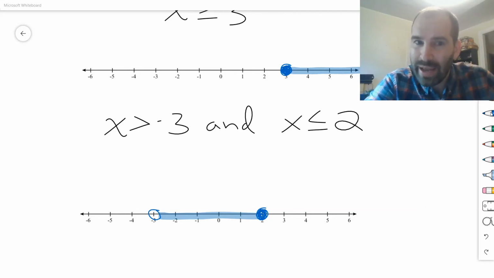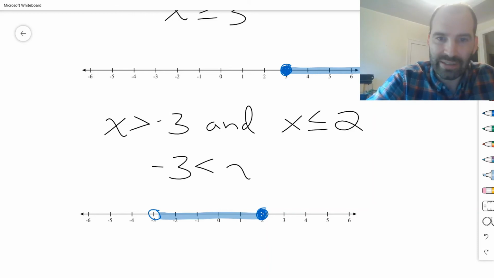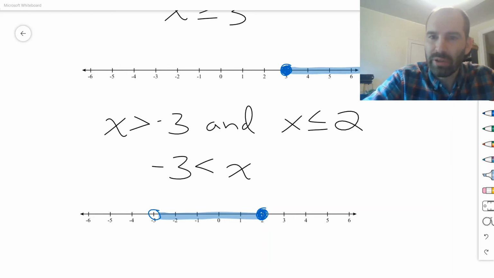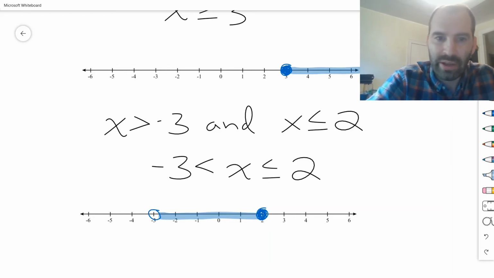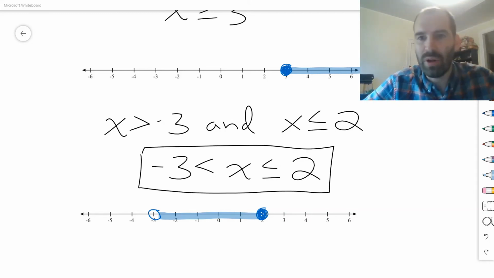Think about it. x is greater than -3 is the same as saying -3 is less than x. Same statement. But we also know that x is less than or equal to 2. So I can just put that right here. And this is called a compound inequality. And so this is another way of writing it.